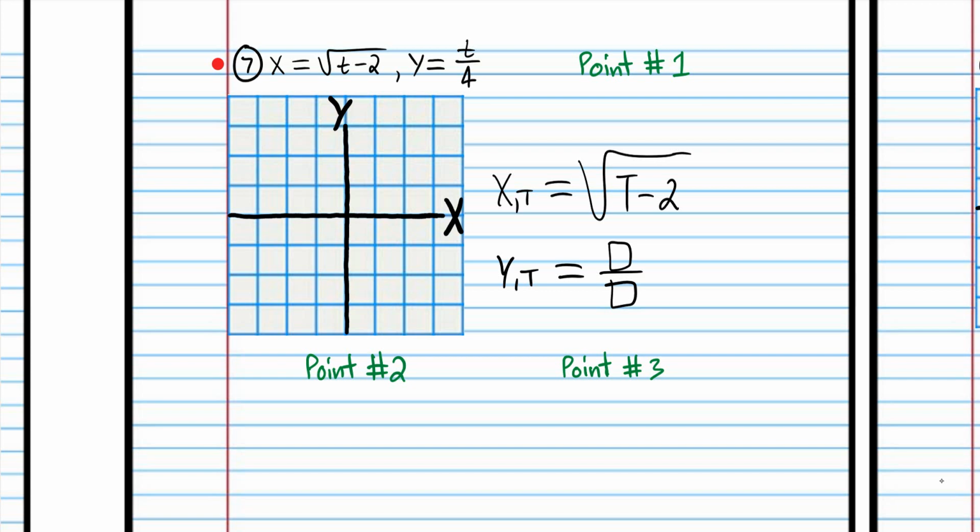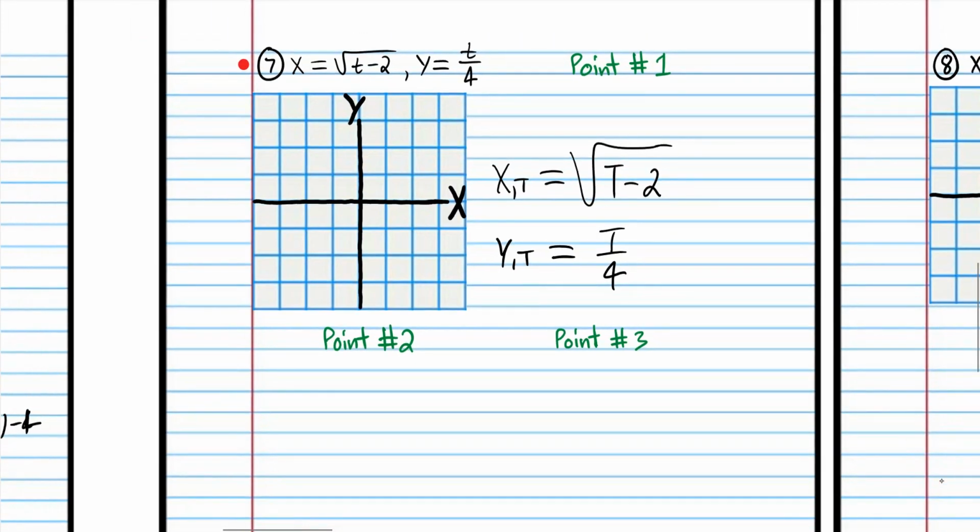Then you're going to press the variable button, the down arrow, and then 4, and then the right arrow. So you should see t over 4 in the second equation, t over 4.